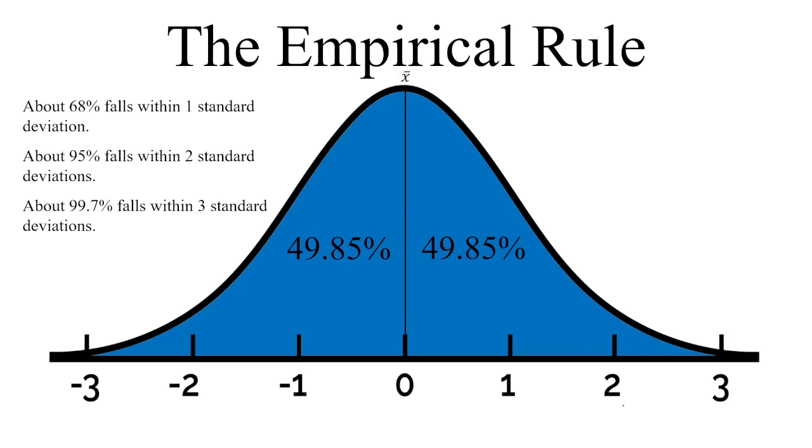That means about 99.7% of the data falls between three standard deviations below the mean and three standard deviations above the mean. So for the empirical rule, you just remember three numbers: 68%, 95%, and 99.7%.